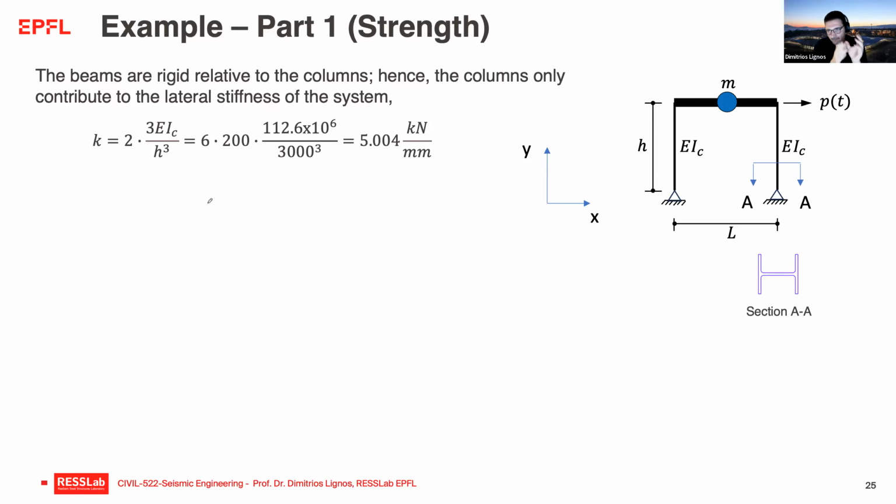So in this case, the beam here is rigid relative to the columns, as the problem states. And here the column is pinned to the ground. So basically it will deflect like a cantilever, as we've seen in the class.